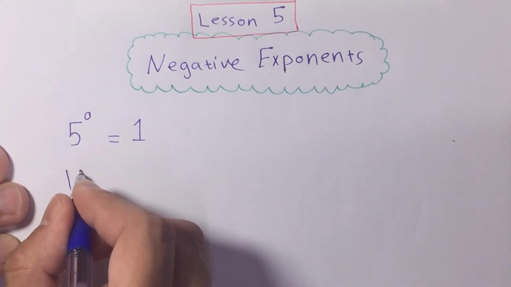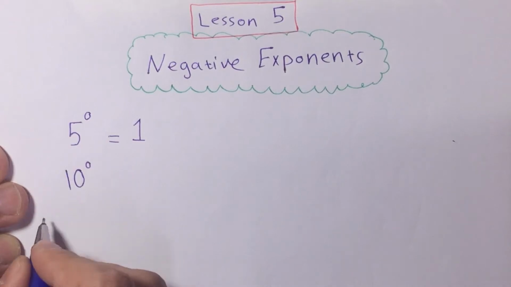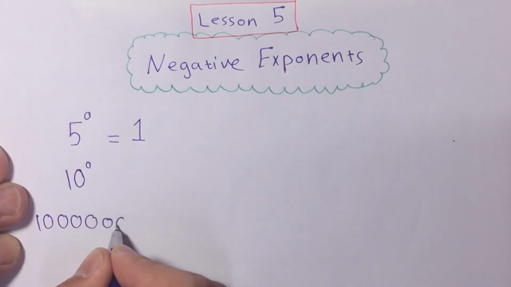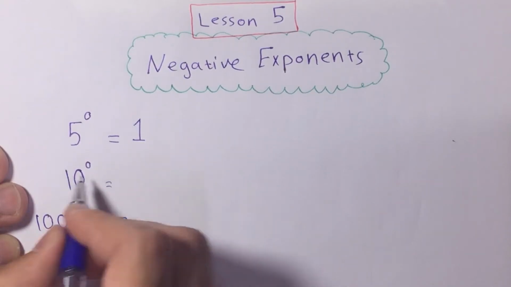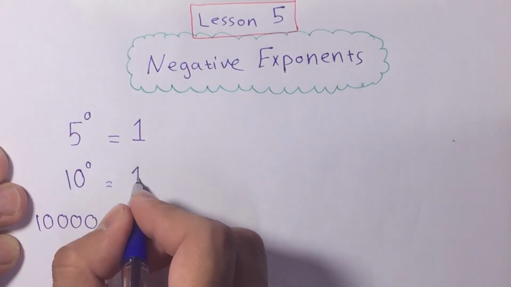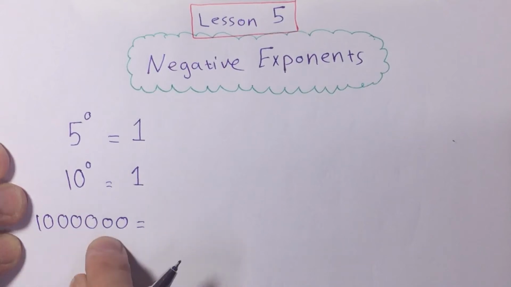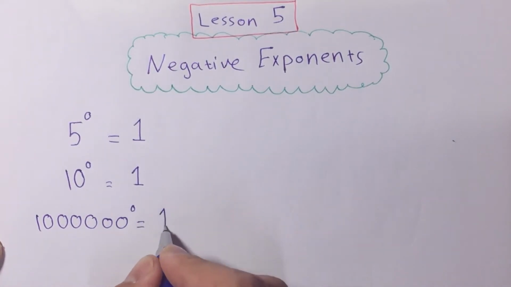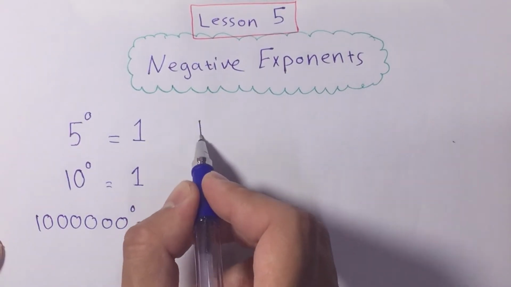Let's take 10 to the power of 0 or a million to the power of 0. 10 to the power of 0 is equal to 1, and a million to the power of 0 is also equal to 1.